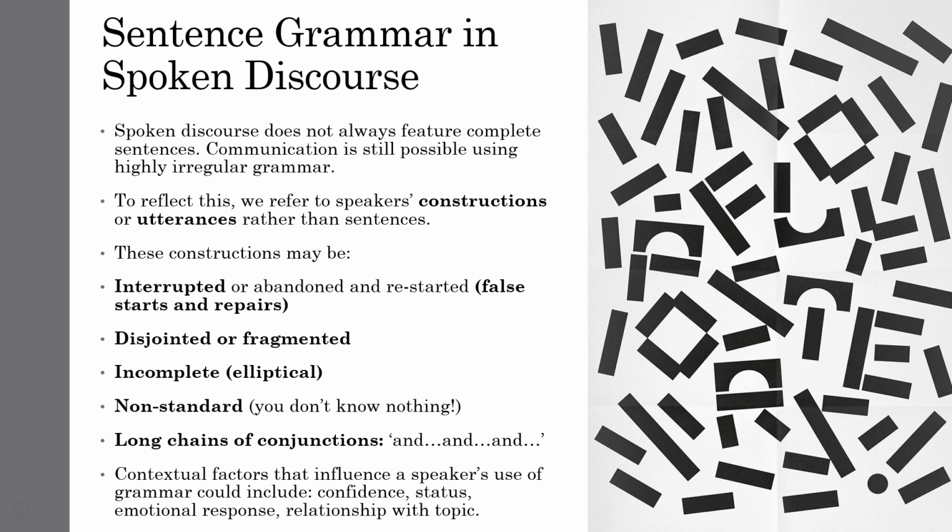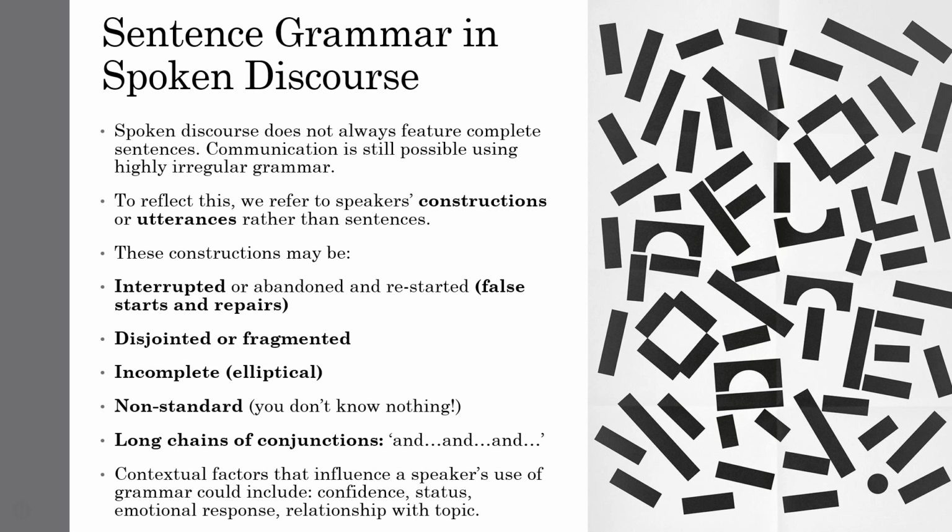Grammar itself is often disjointed or fragmented. There are often disagreements that would obviously be identified as errors in written language, but really we can get away with disagreements in spoken language as they still convey meaning.